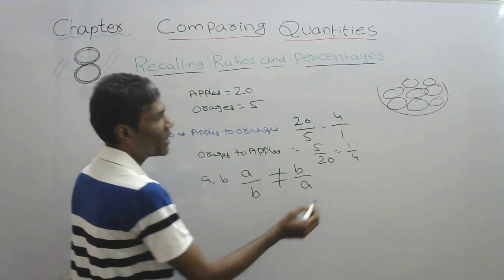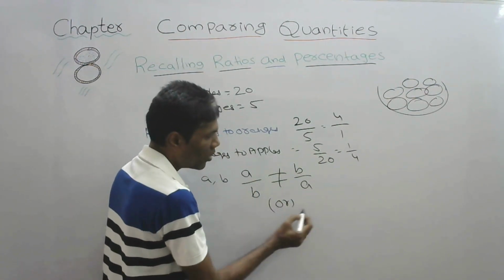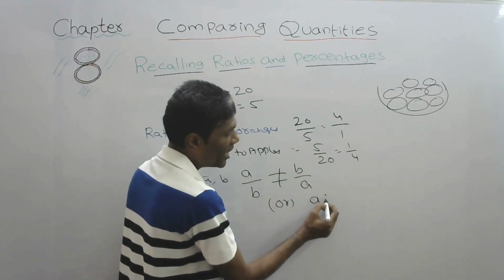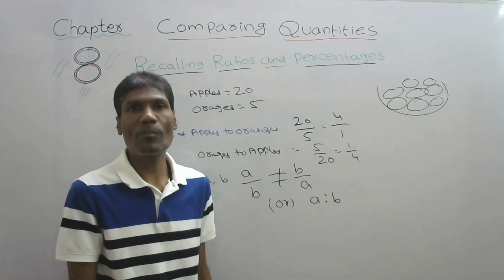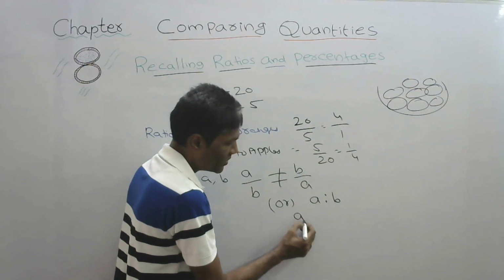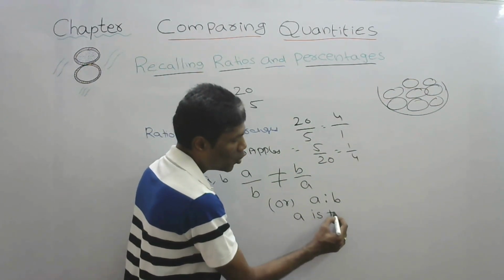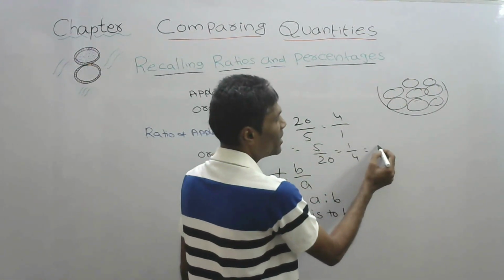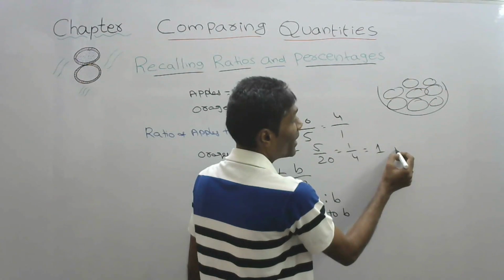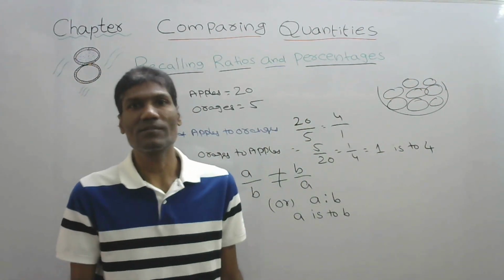So ratio can be written as A by B, or it can also be written as A is to B. This one we can say 1 is to 4 while pronouncing.